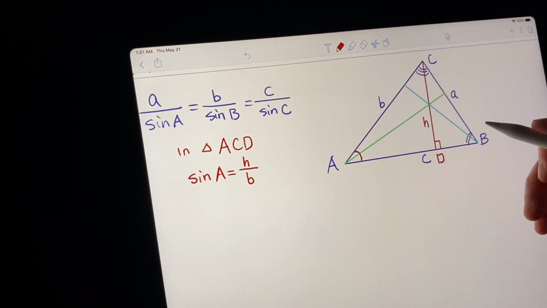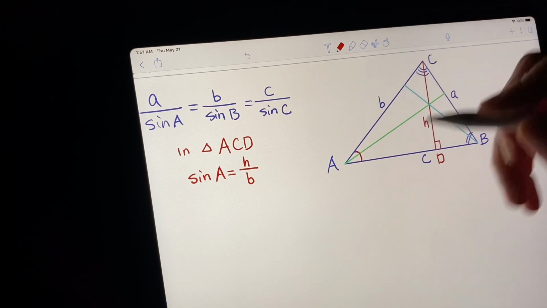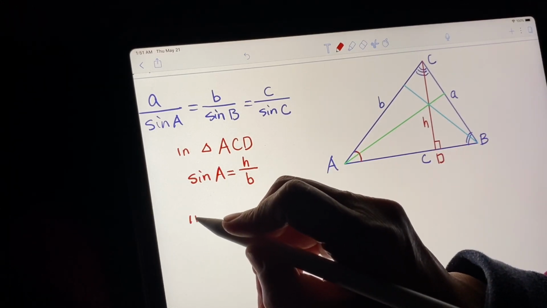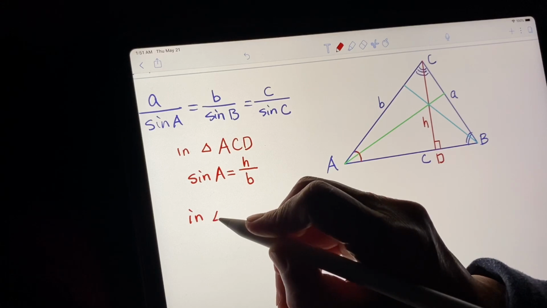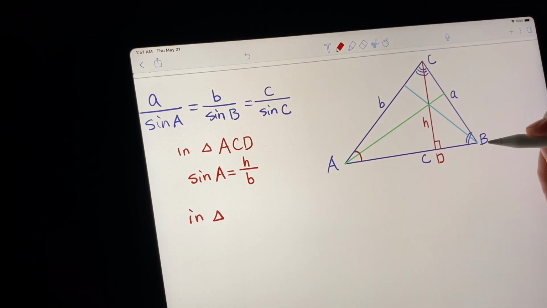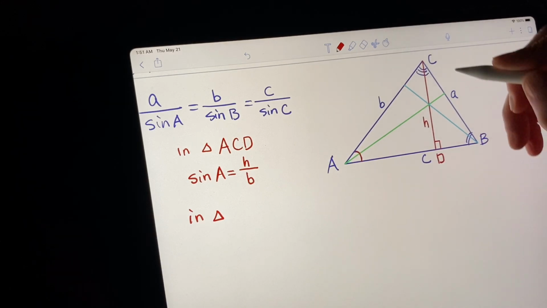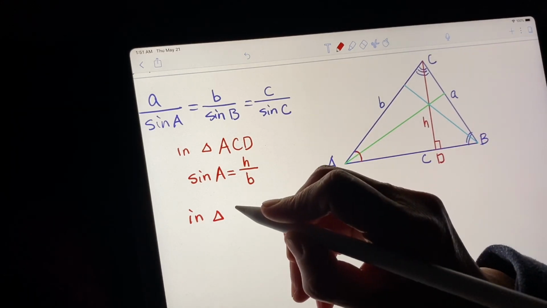Okay, in triangle BCD, we will use the same thing.